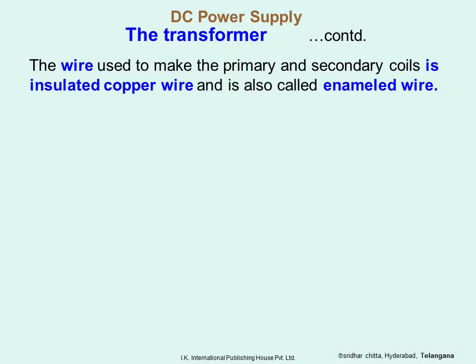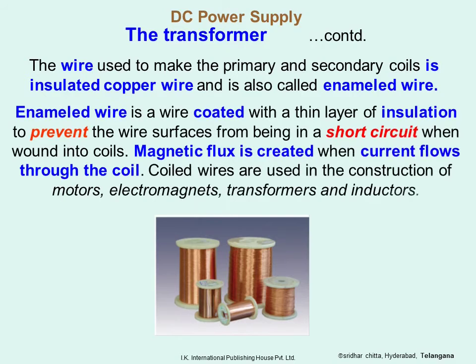The wire used to make the primary and secondary coils is insulated copper wire and is also called enameled wire. Enameled wire is a wire coated with a thin layer of insulation to prevent the wire surfaces from being in a short circuit when wound into coils. Magnetic flux is created when current flows through the coil.